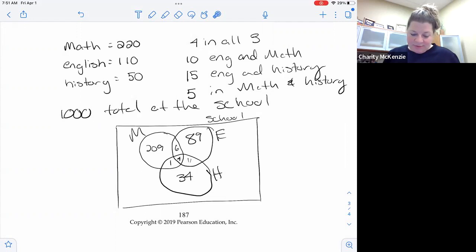I think I got them all. I got 354. 209, 84, 34, 11, 4, 6. I think I got it right. So 354 total, and so minus that from 1,000. And I got 646 that were left, that were not in a math, English, or history class.